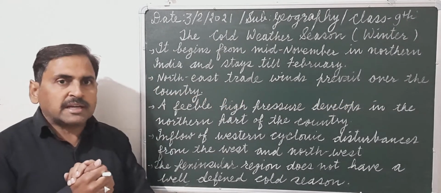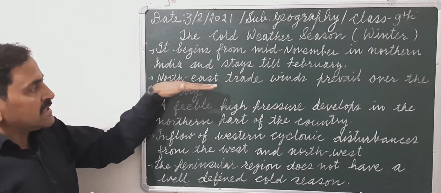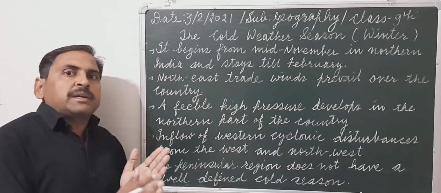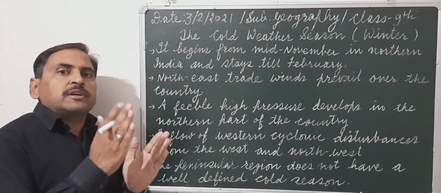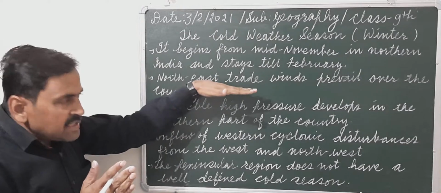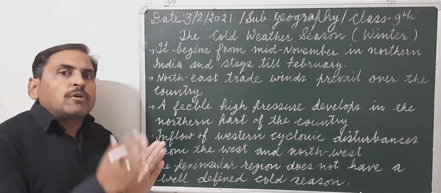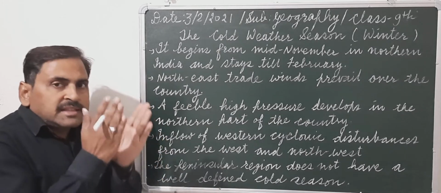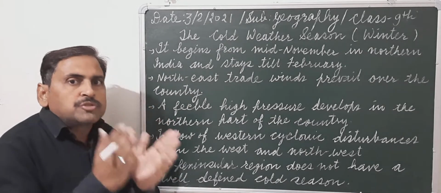Now, you remember that these northeast trade winds blow from the subtropical high pressure belt to the equatorial low pressure belt. As these winds blow from land to sea, that's why this season is dry.